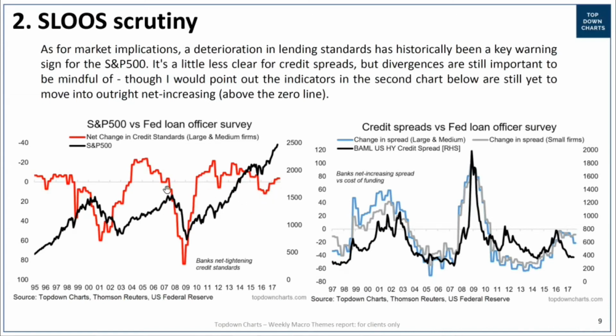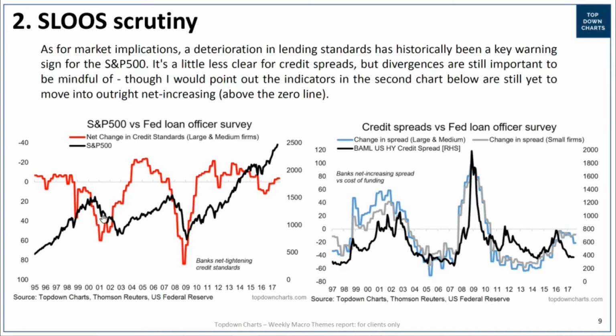You can see that at the top of the market, just before the crisis, credit standards began to tighten. That continued a trend up to that point and tightened progressively, aggressively as the bear market and crisis unfolded. And by the same token, it gave the all clear when it turned back up.